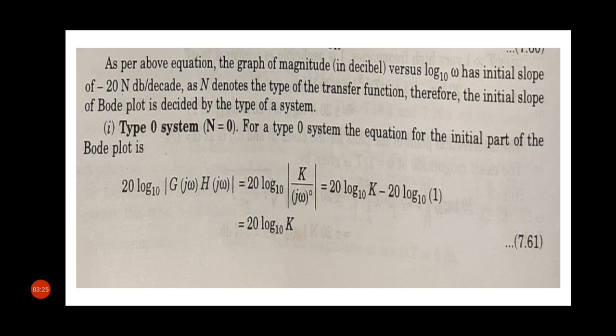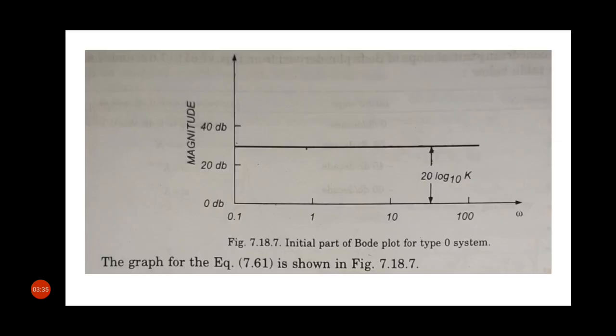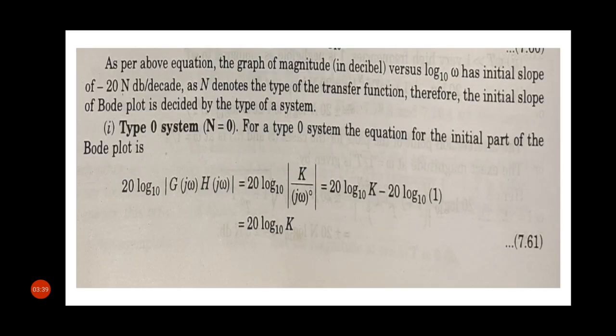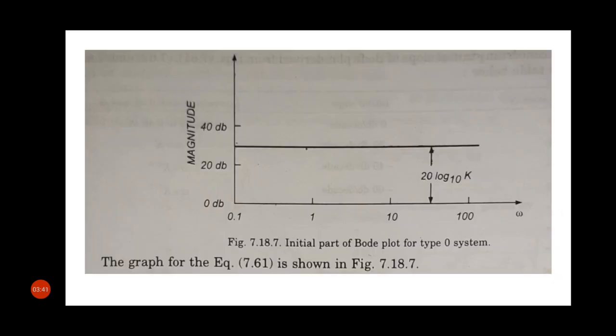So from this equation we calculate our magnitude 20 log 10 mod of g(j omega) h(j omega) equal to 20 log 10 k. Okay, and the graph of this equation, that means equation 7.61, is this. So for type 0 system, the initial slope of Bode plot is like this.